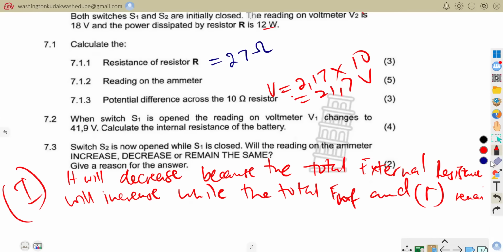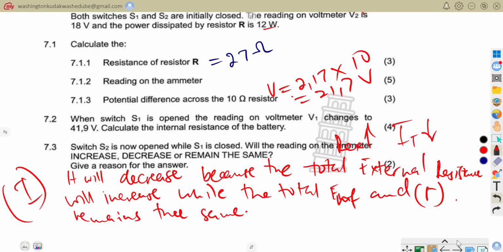These two, they are remaining the same. Why would these two remain the same? If the resistance in the external circuit, which is R external, increases, the total current would decrease. That is what we are saying there.